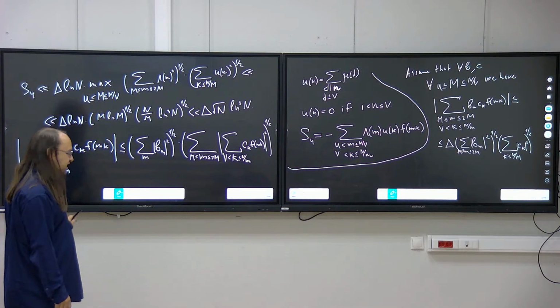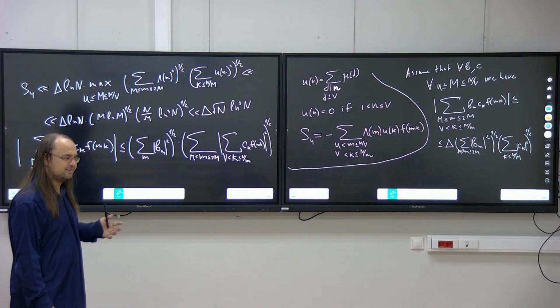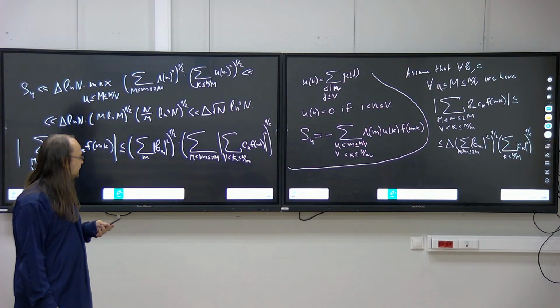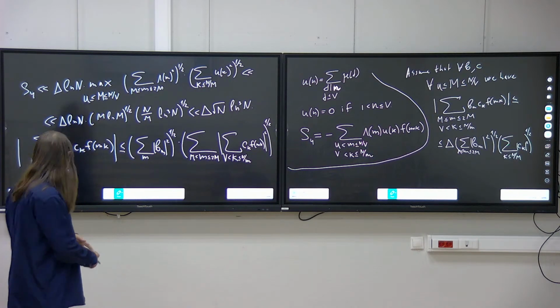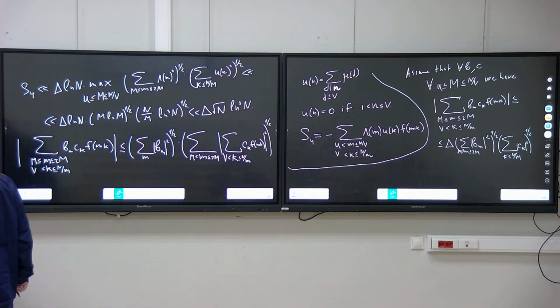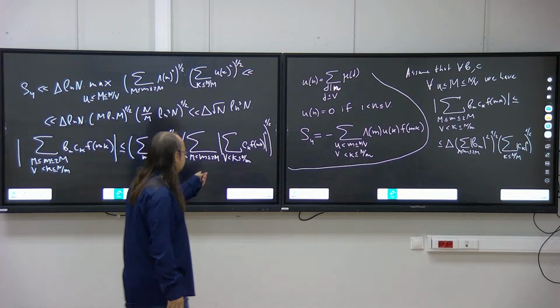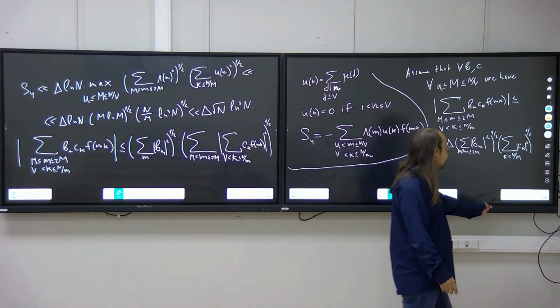So this is just Cauchy-Bunyakovsky-Schwarz. Nothing more, nothing less. Now what should we do? Well, now we should expand the brackets inside the last sum.